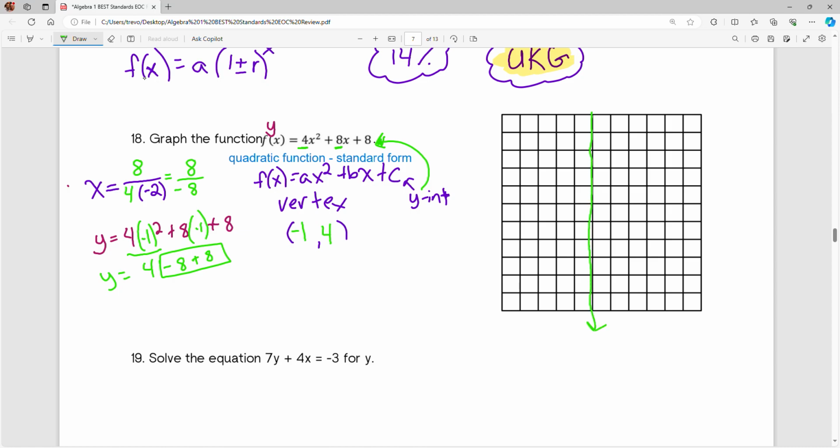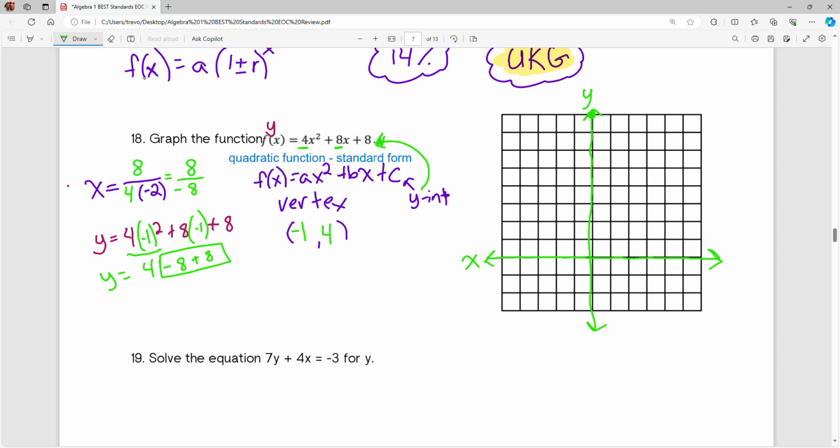And there's my x and y axis. My y-intercept is at positive 8. 1, 2, 3, 4, 5, 6, 7, 8. Ooh, I'll put that way up there. And my vertex is at negative 1, 4.